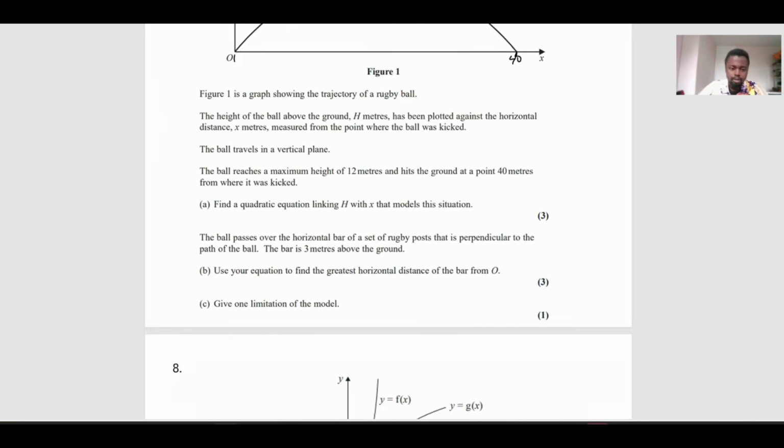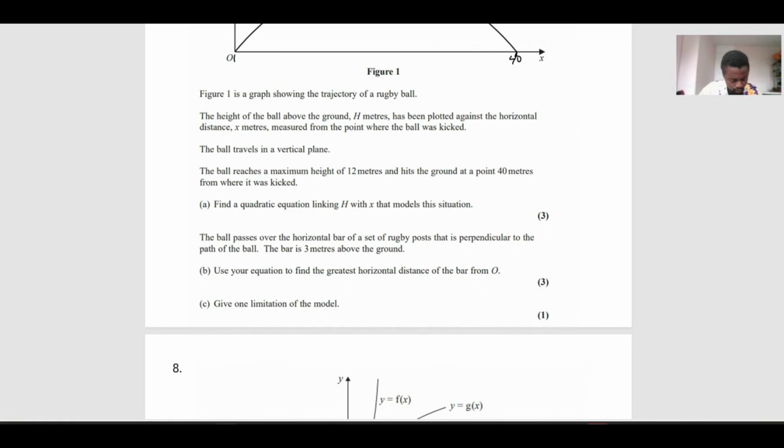7b. So it says use your equation to find the greatest horizontal distance. It said the ball passes over the bar of a rugby post that is perpendicular to the path of the ball. The bar is 3 meters above the ground. So we are saying h is 3 meters. We want to find the value of x that produces h to be 3 meters.